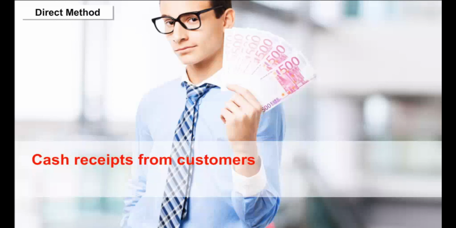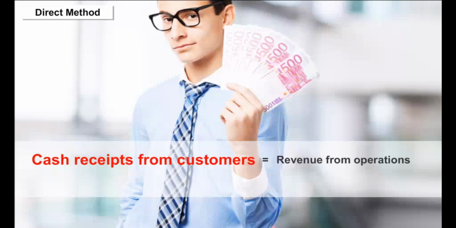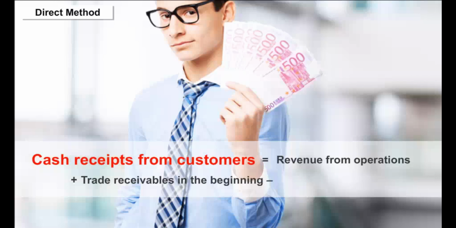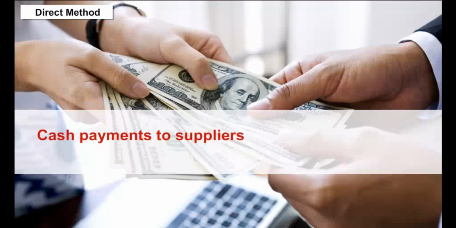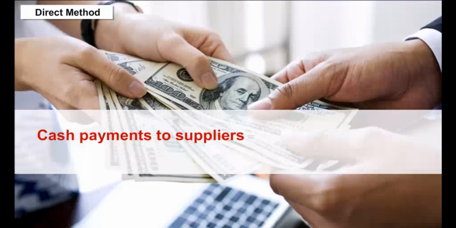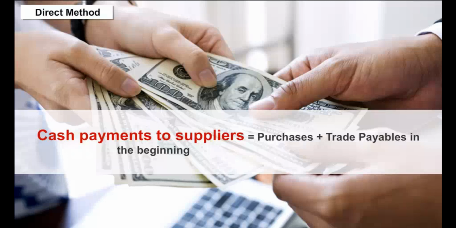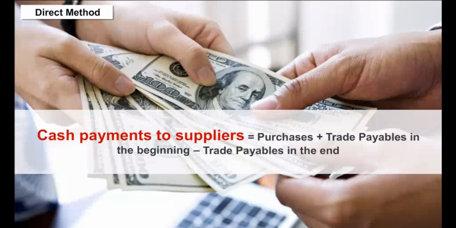A. Cash receipts from customers equal to revenue from operations plus trade receivables in the beginning minus trade receivables in the end. B. Cash payments to suppliers equal to purchases plus trade payables in the beginning minus trade payables in the end.